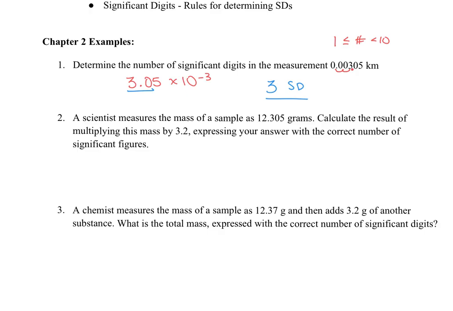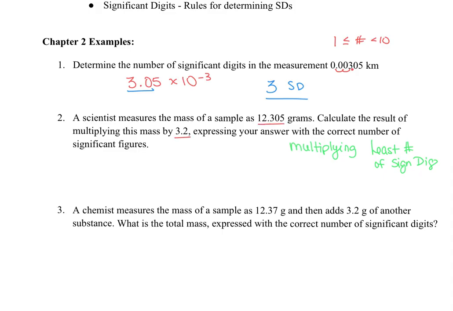Then we had some rules. When you are multiplying using significant digits, remember you're going to use your least number of significant digits. So when I look at these and I multiply them, this guy has 5 significant digits.